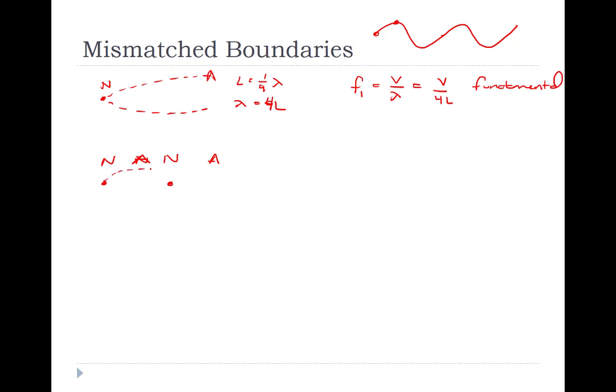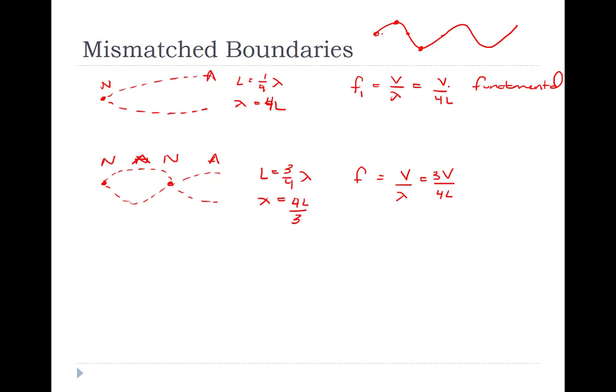So I go up, I come down, and then I end up coming up here. So this length is 3/4 of a wavelength, or in other words, lambda is 4L over 3. Putting in the other side of the oscillation envelope, and then looking at F equals V over lambda, F equals 3V over 4L.